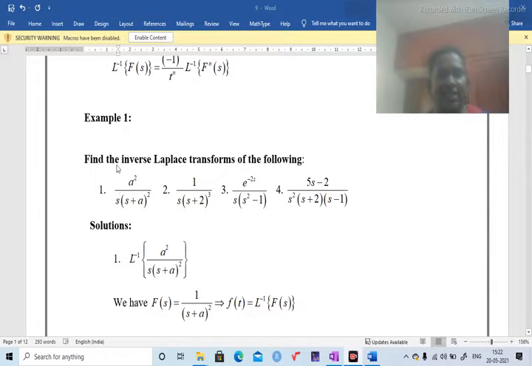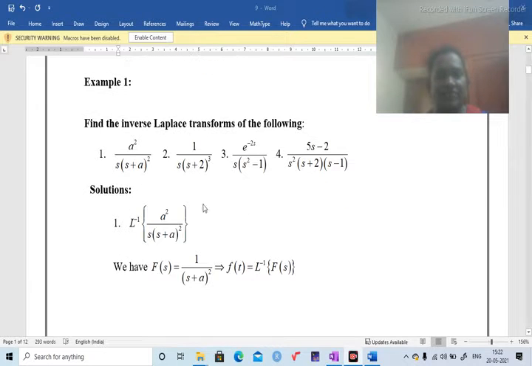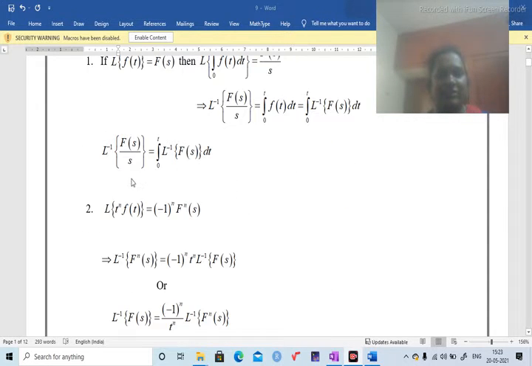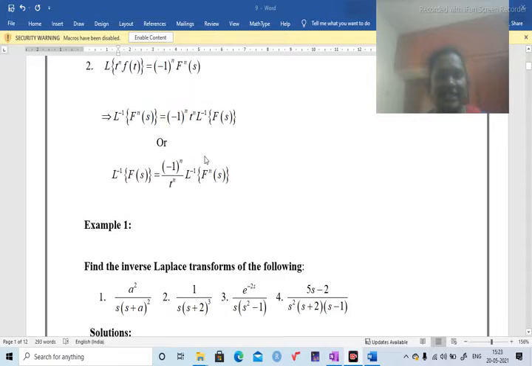Here I am going to find the L inverses of these functions by using the formula L inverse of F(s)/s equals the integral from 0 to t of L inverse of F(s) dt.